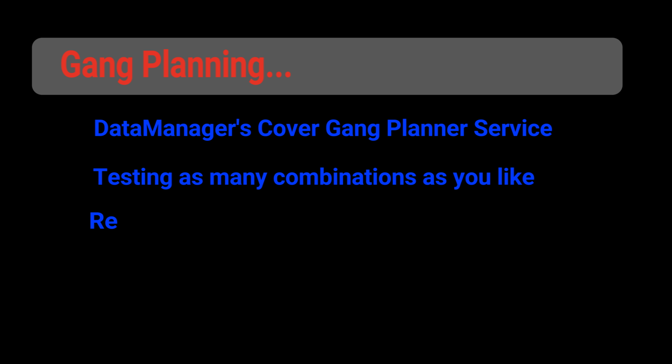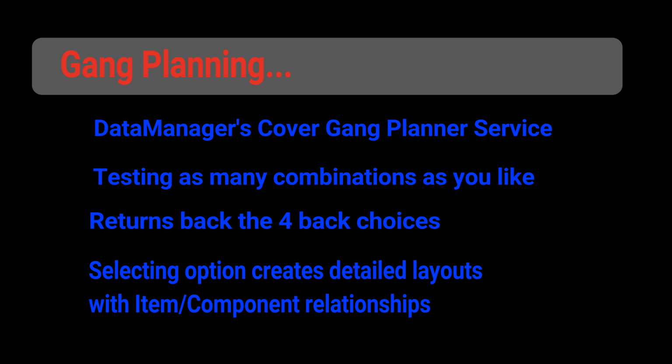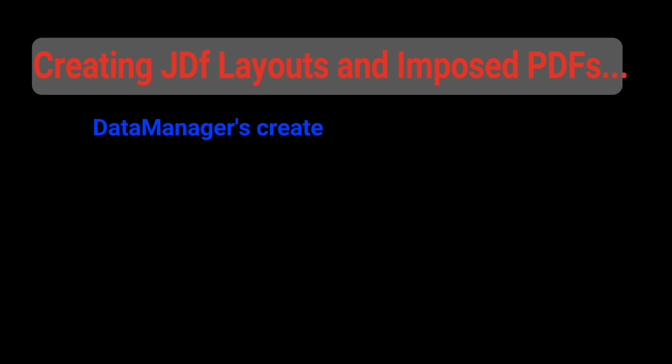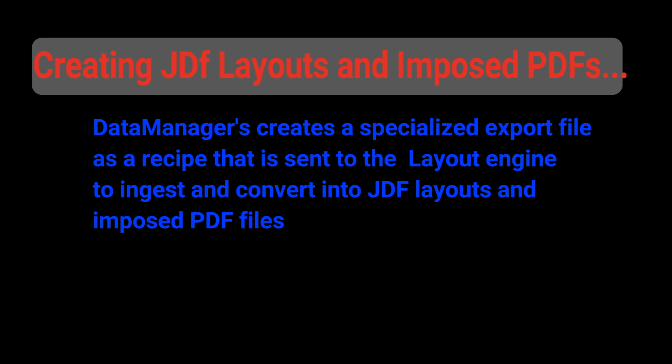The planning service returns back the 4 best options to pick from, which the user converts into a Data Manager planning project with layouts and order assignments staged. If the orders are ready for production, then DM translates the planning information into a file or recipe that the prepress system understands to generate imposed layouts with marks, bars, or whatever adornments are required to finalize an imposed PDF, ready for plating or imaging.